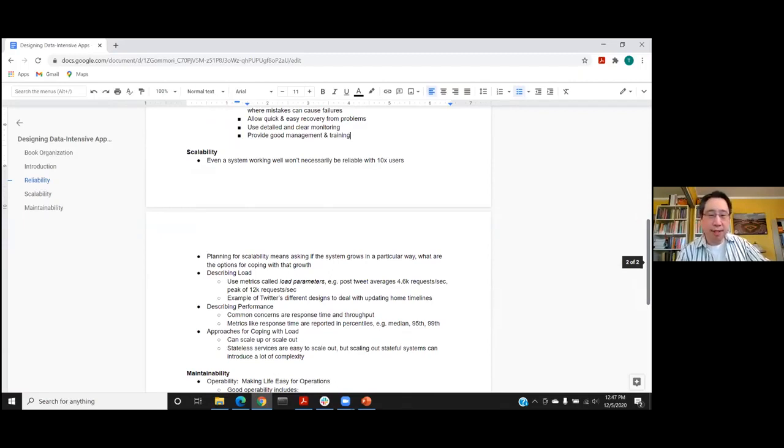Nothing is infinitely scalable. But he says, planning for scalability means that if the system grows in a particular way, what are the options for coping with that? If a system has many more users, but they're not on very frequently, then maybe you need to do nothing. But if you have 10 times as many simultaneous users, then what?